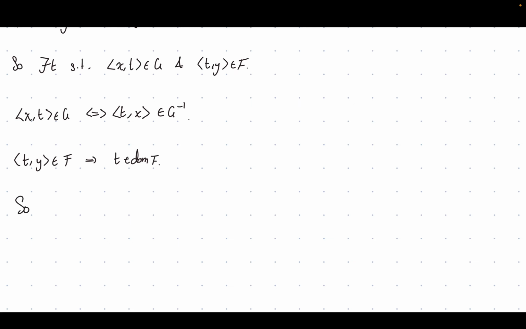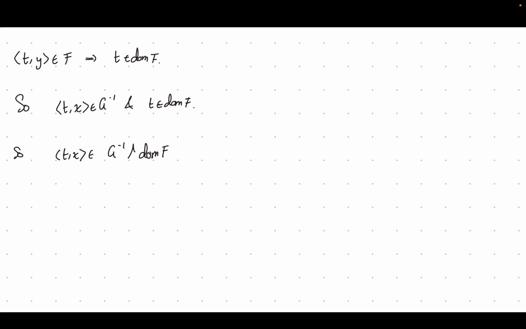So (T, X) is in G inverse and T is in the domain of F. So (T, X) is in G inverse restricted to the domain of F, and thus X is in the range of this set, and thus X must be in the image of G inverse restricted to the domain of F. Cool.